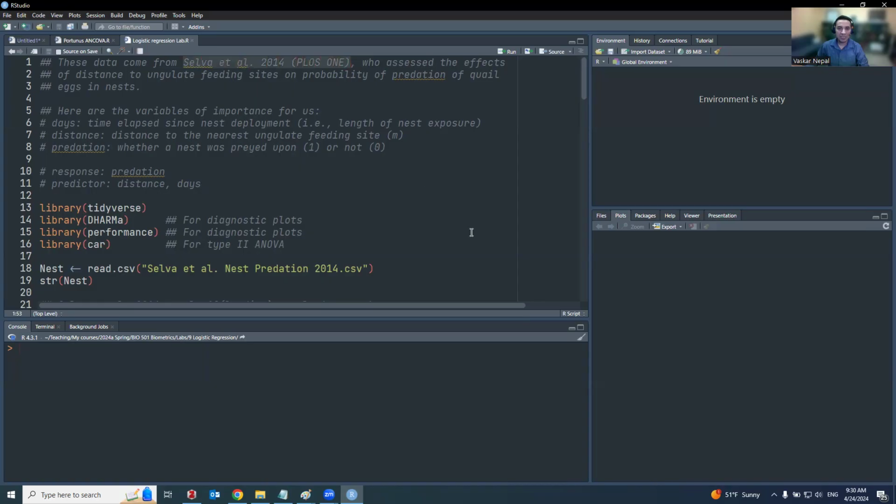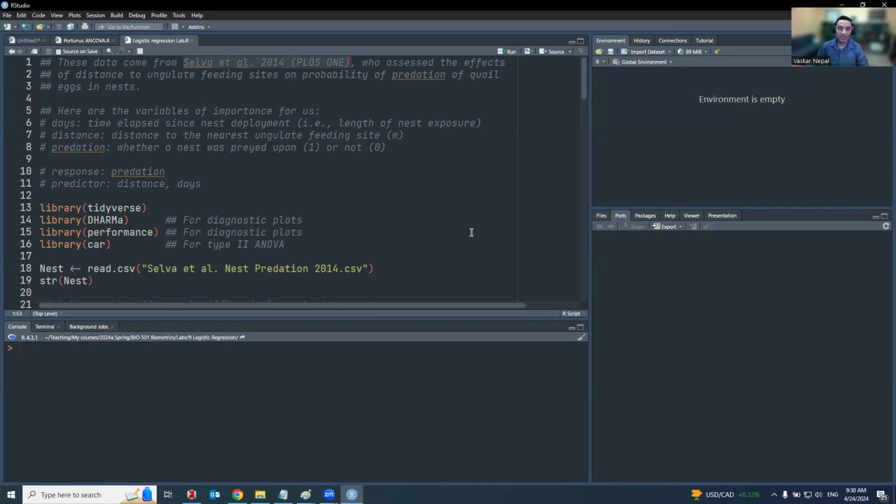These authors assess the effects of distance to ungulate feeding sites on the probability of predation of quail eggs in nests. These quails lay eggs in the ground. So animals that might come over there because there is an ungulate feeding site. Ungulates, these are herbivores, and there might be other carnivores that might come there to feed on the ungulate.